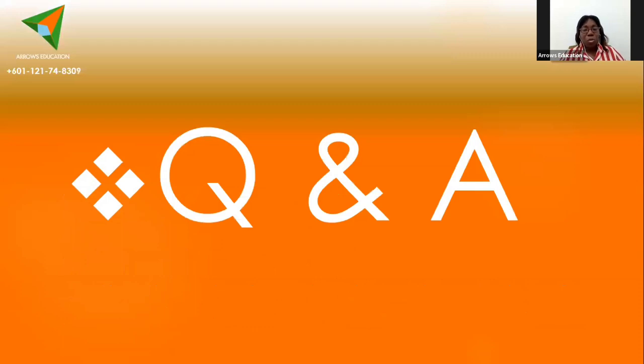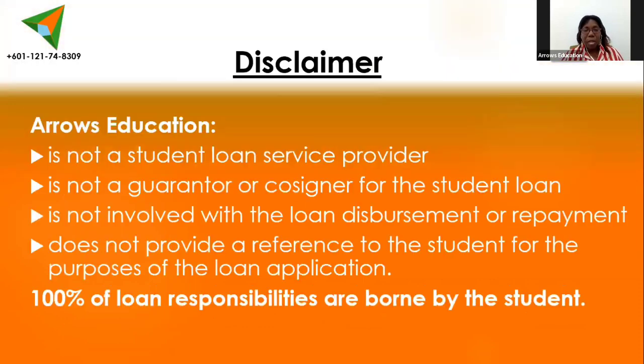So I'm going on to the question and answer that I've laid out, because people are already even asking some of the questions here. But before I go into that, for Arrows Education, Arrows is not a student loan service provider, so let that be clear to us. We are not a guarantor or co-signer for the student loan and not involved with the loan disbursement or repayment.